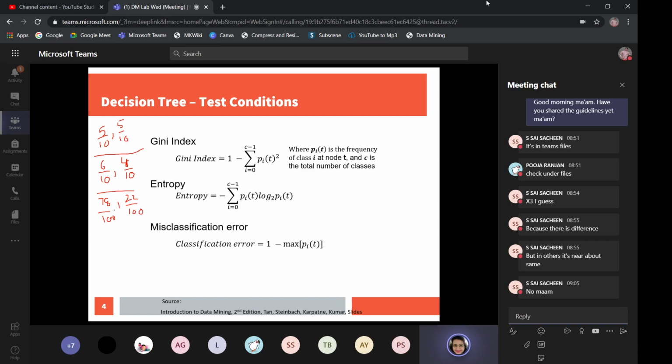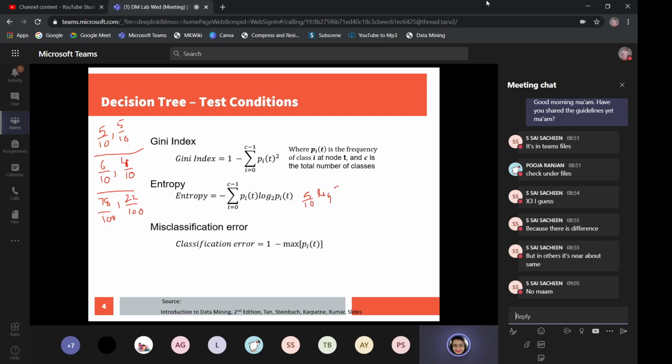So these are the probabilities. So you are simply going to compute, instead of pi square, you are going to compute pi log pi. That is 5 by 10 log 5 by 10 plus 5 by 10 log 5 by 10.